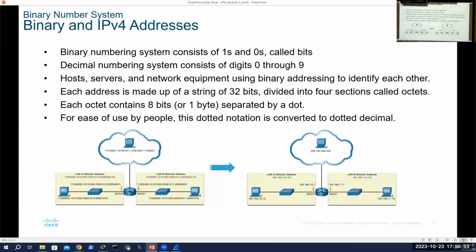Okay, so you know what the binary numbering system is. We will deal primarily with groups of 8 bits, especially when we're talking about IP addressing. Each one of those groups of 8 bits is called an octet. Oct meaning 8.